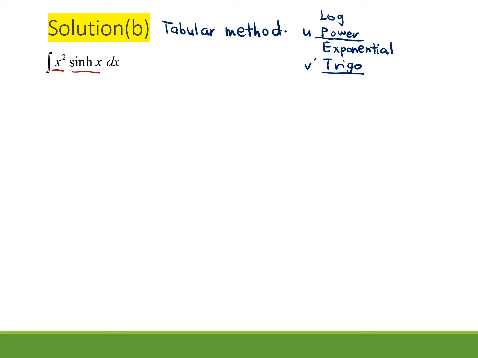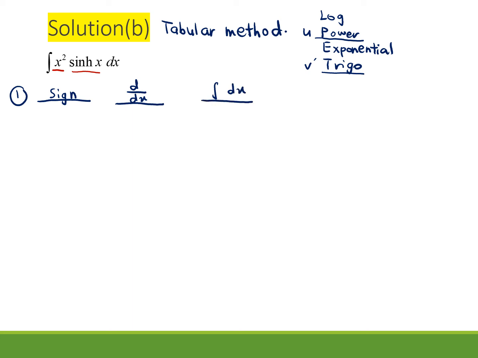So in the tabular method, the first step is you have to write down the sign, which function will be differentiated, and we have to differentiate it repeatedly until we obtain 0, and then which function will be integrated.